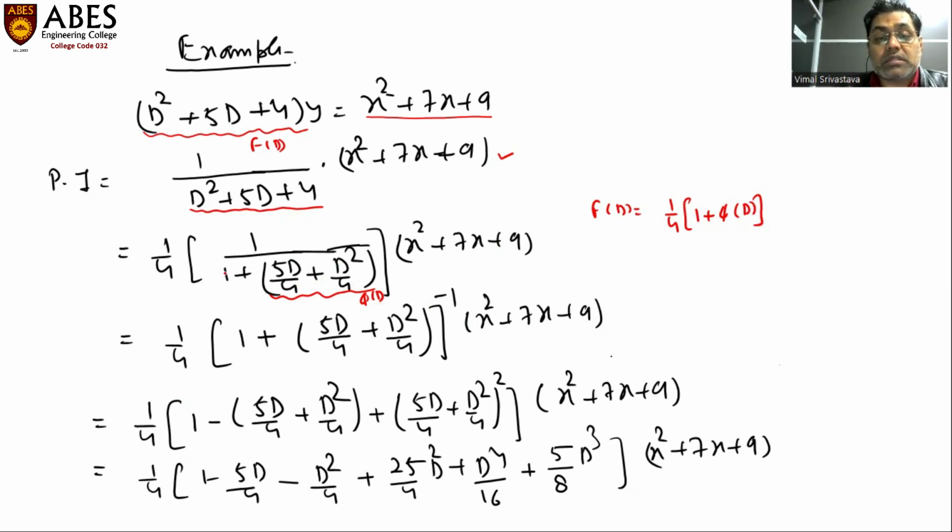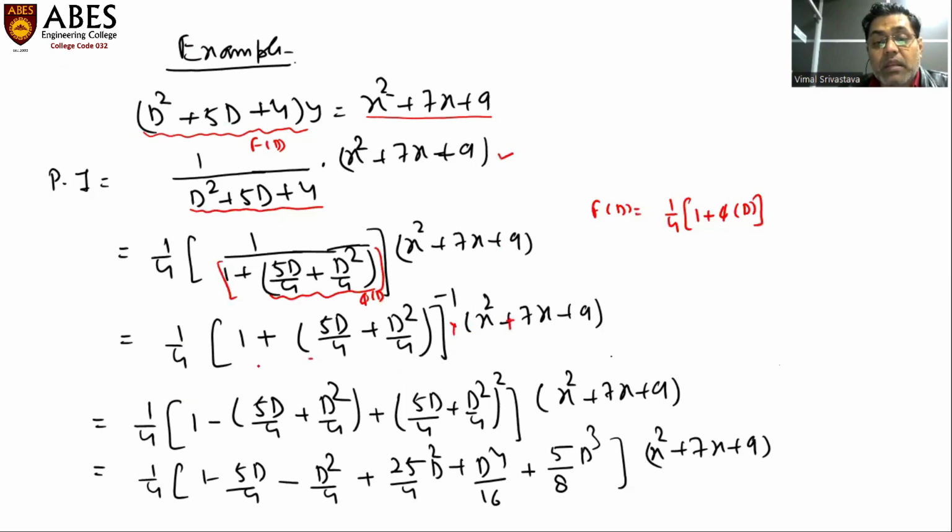Now we take this expression into the numerator, so this becomes 1 upon 4 into the bracket 1 plus 5D by 4 plus D square by 4, inverse, into x square plus 7x plus 9.